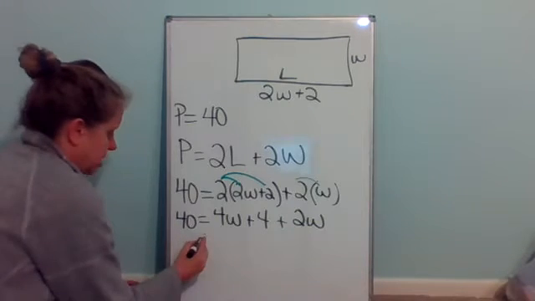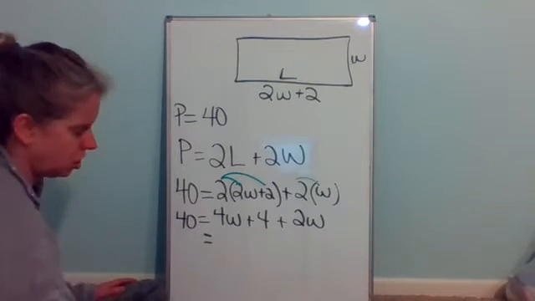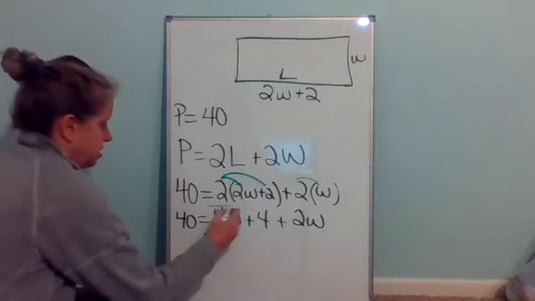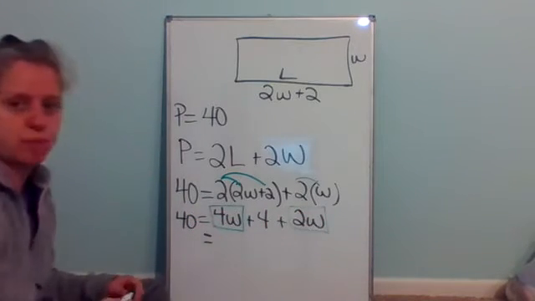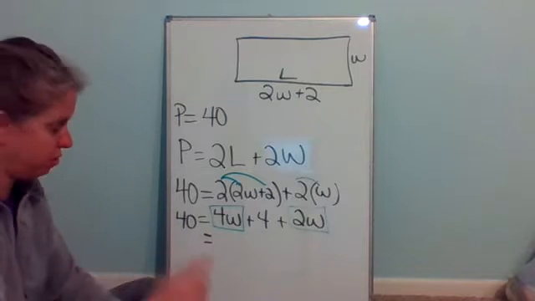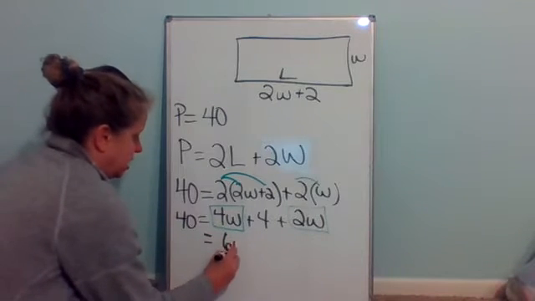So here's my equal sign. Look at the right side. There's a 4w and there's a 2w on the same side. So put them all in the same basket to be 6w.